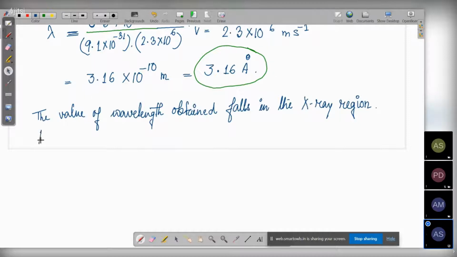Hence, it is experimentally measured and believable. Since we can measure it, there is no problem in believing the theory also.